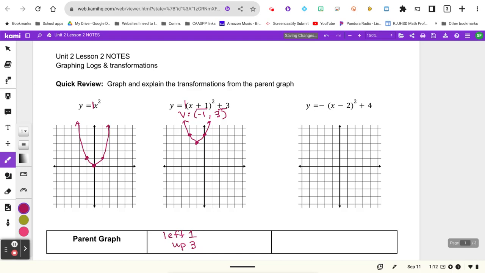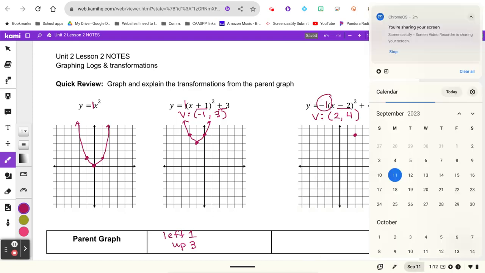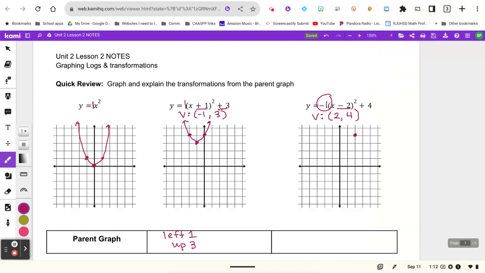Okay, so again, we're going to find the vertex, the opposite of what's inside the parentheses, and our y value stays the same. So 2 and up 4, there's your vertex. Now the a value is a -1. That just means we're going to go down. Down one to the right one, down one to the left one.